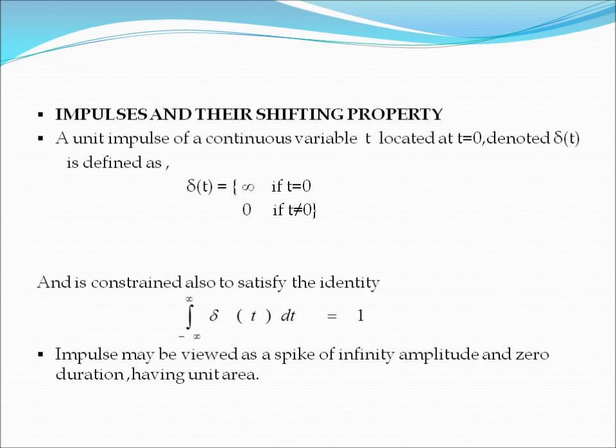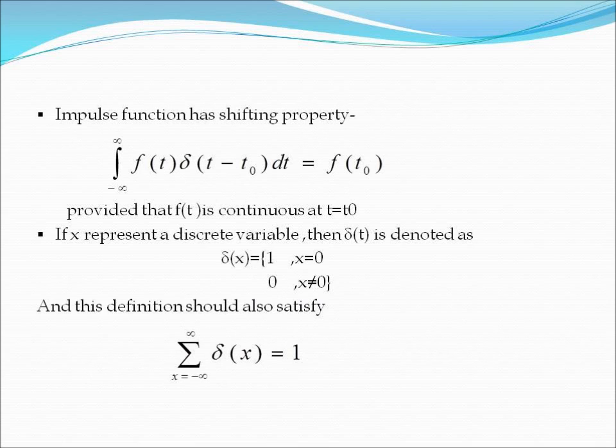It is also constrained to satisfy the identity that integration of delta t over minus infinity to plus infinity is equal to 1. Impulse function has shifting property, which is very useful in determining the value of any function at a given time t0.